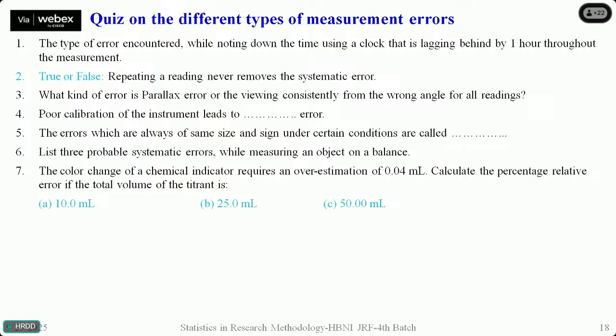List 3 probable systematic errors while measuring an object on a balance. No, gross will not. Systematic error: environmental, observational, instrumental. Those were the titles given in the slide. You can specify. That means your memory is also very good.